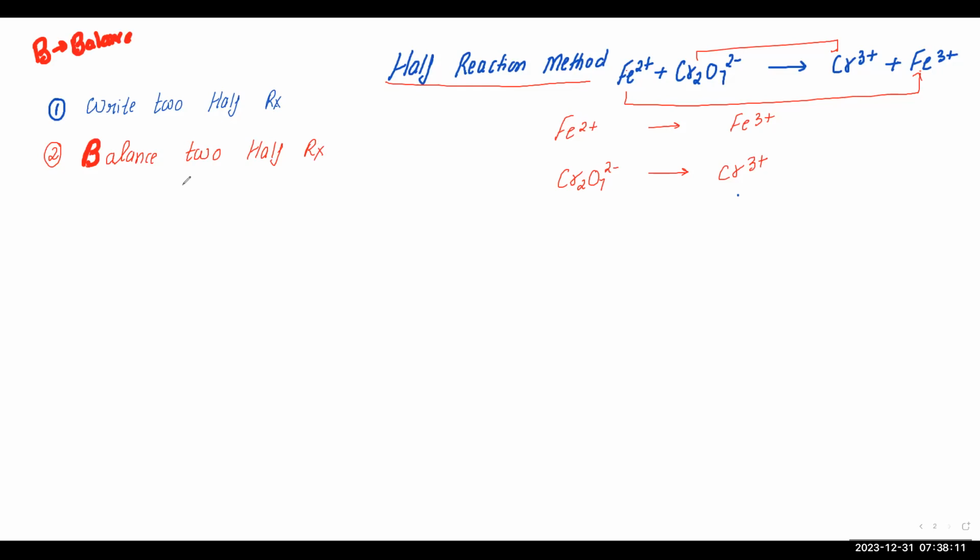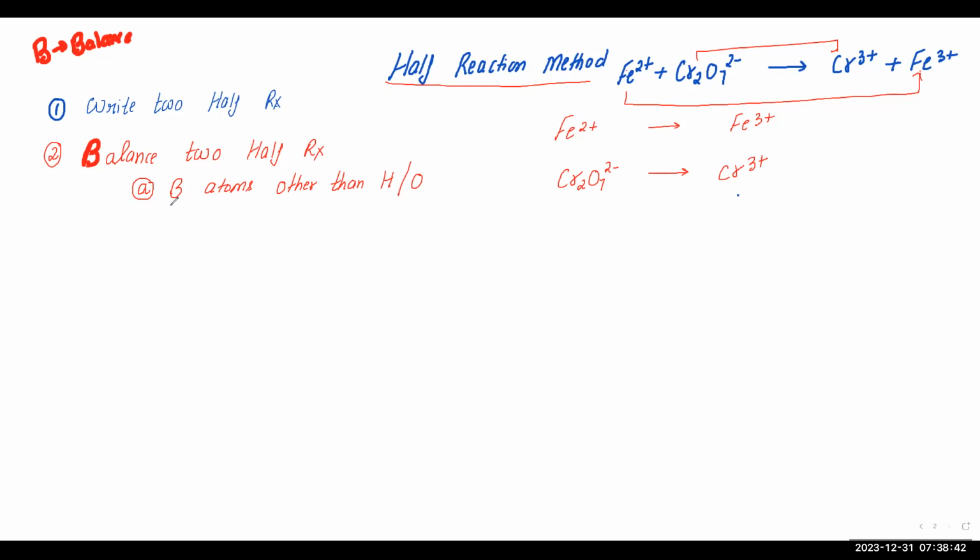What is the sequence? In this rule number 2, first is, see, I'm writing A here. Balance atoms other than hydrogen and oxygen. You can do that. Please write down these rules the way I'm writing.